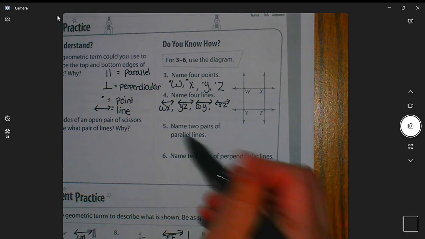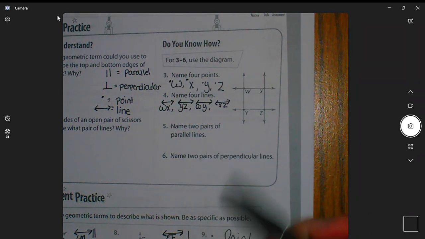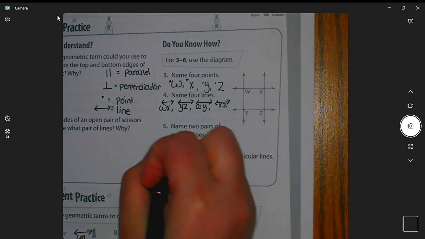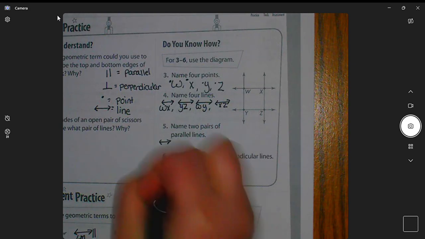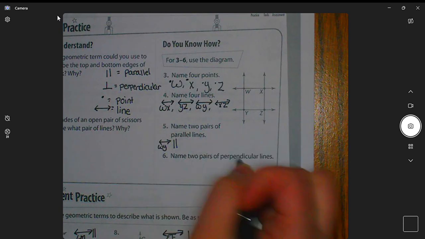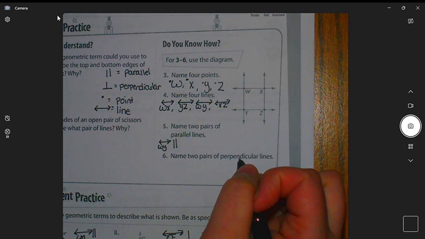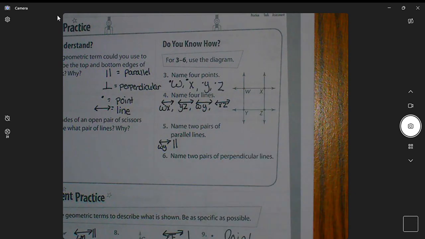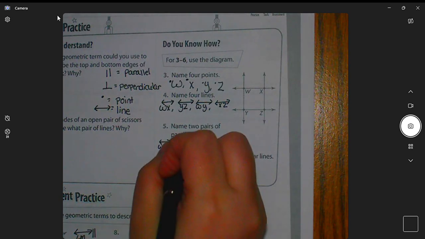Now, name 2 pairs of parallel lines. One pair of parallel lines that I see is line WY parallel. What line is opposite, is parallel to WY? Yeah, XZ.